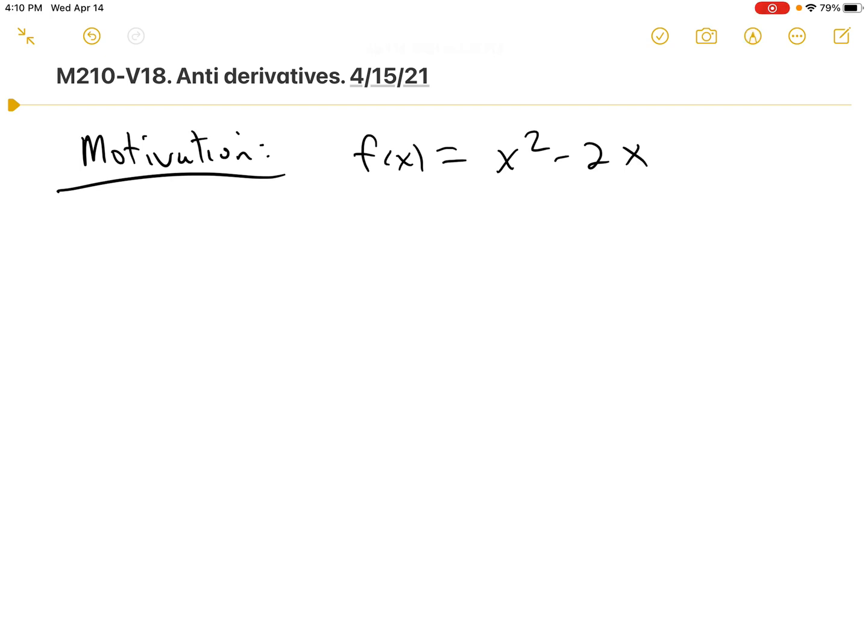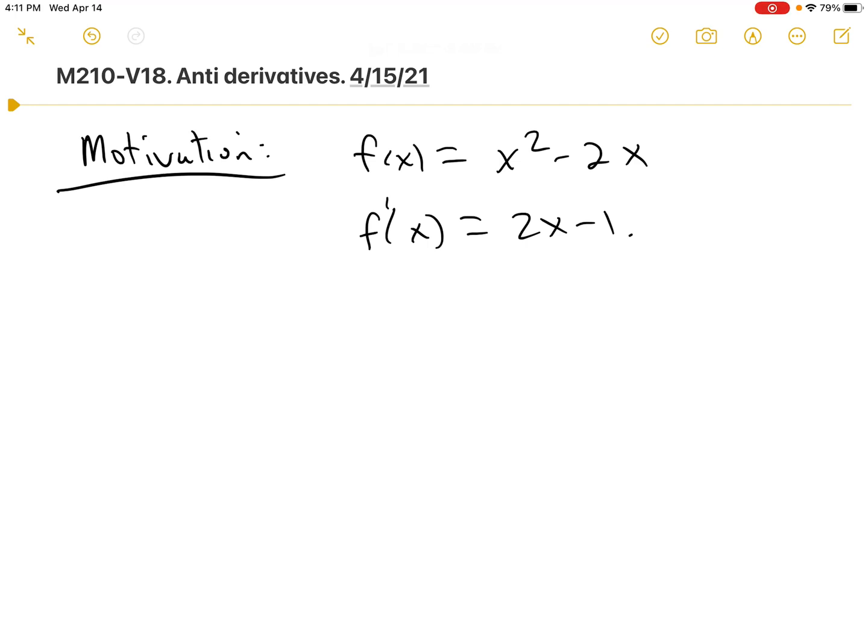And I say to you, what's the derivative of this? You say, okay, I take the derivative, I use the power rule, and I get 2x minus 1. And that's what we've done all semester with different forms of things, with chain rule, product rule, quotient rule, all that kind of stuff. So what we ask in Calc 2 is to go the other way.